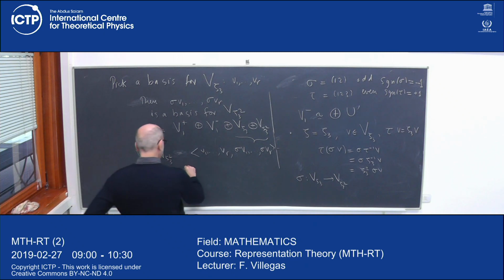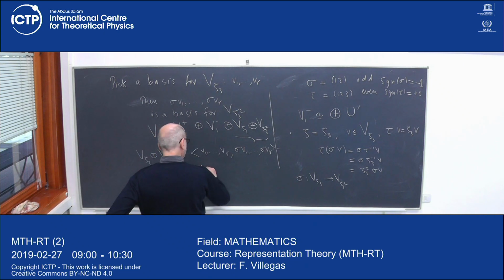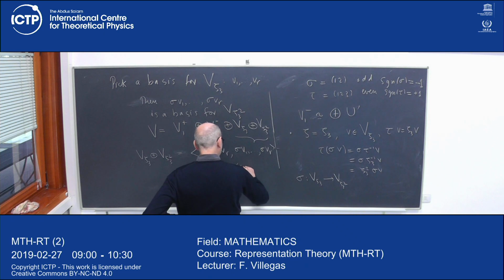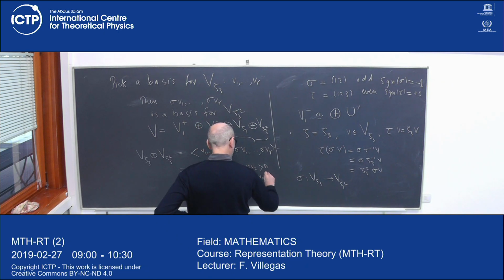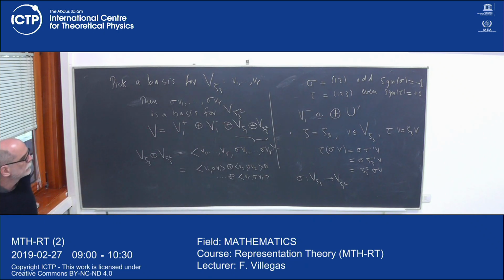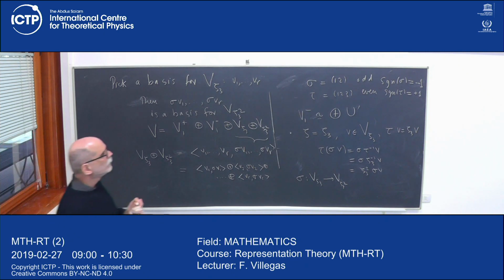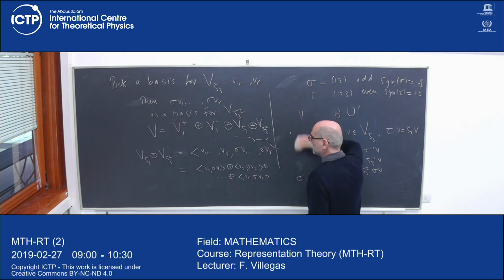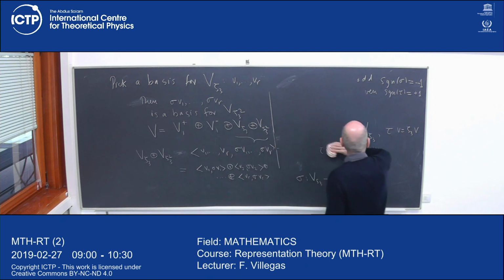And what we can do is organize this as follows. I can look at the subspaces v1 sigma v1, direct sum v2 sigma v2, dot dot dot vr sigma vr. I just pair each vector with its sigma counterpart and look at the two-dimensional subspace they generate.